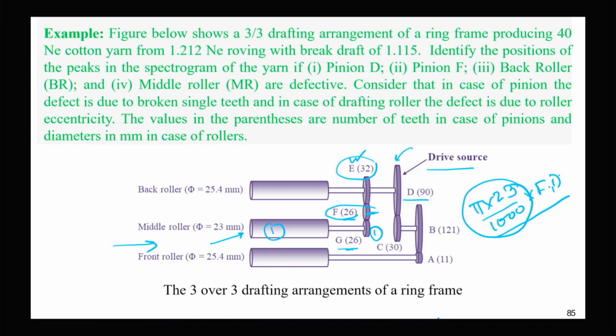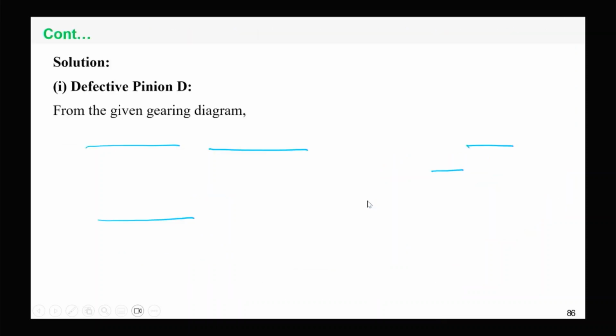So if we multiply by the front draft that we have already calculated earlier, we can get the wavelength due to the defective roller F.